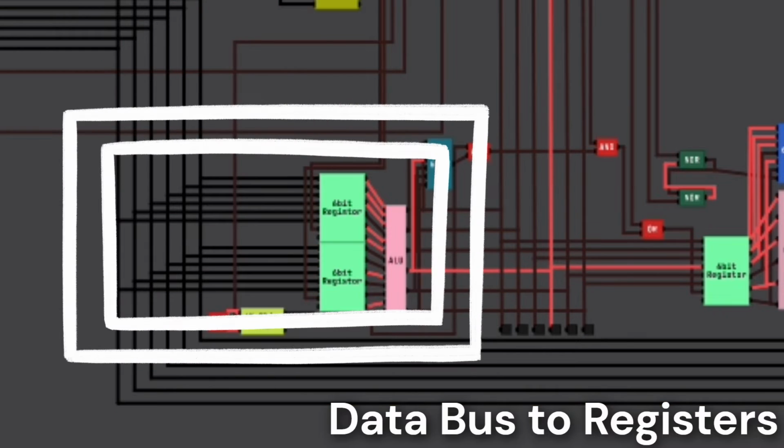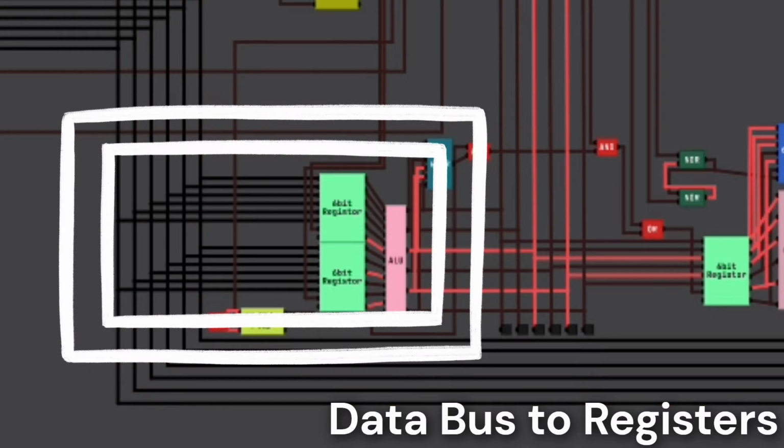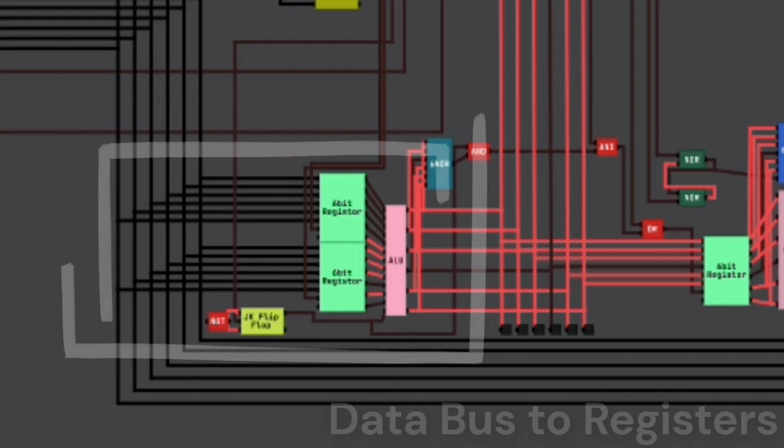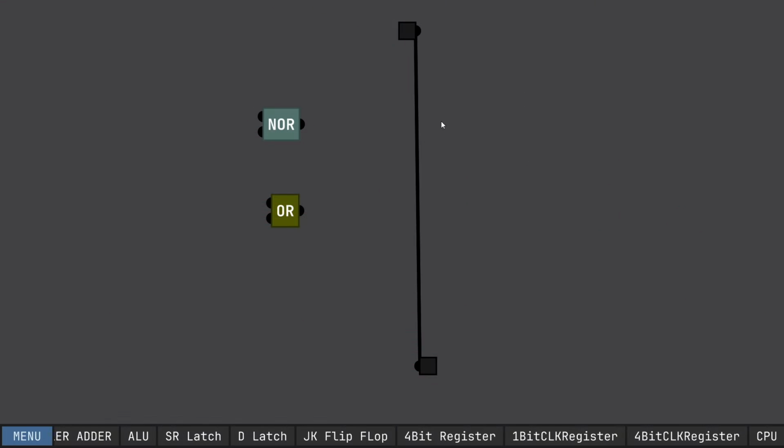And it allows us to simplify the electrical circuitry in the CPU, because we only need one connection to connect everything instead of connecting everything through different components.